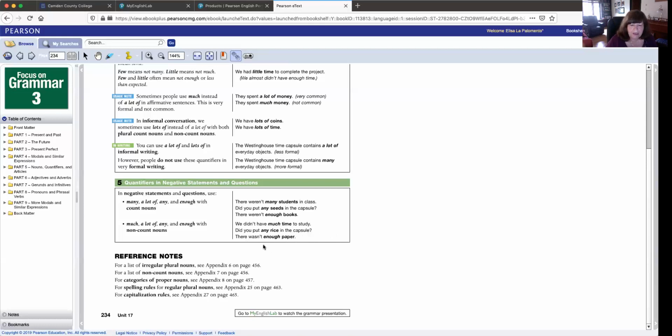Okay. All right. This is information if you want to look up any of these things: irregular plural nouns, non-count nouns, categories of proper nouns, spelling rules for regular plural nouns, or capitalization rules. Here are all the pages where you can find that information. Okay.